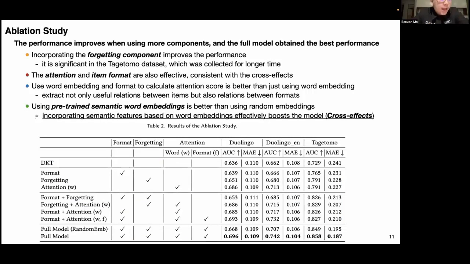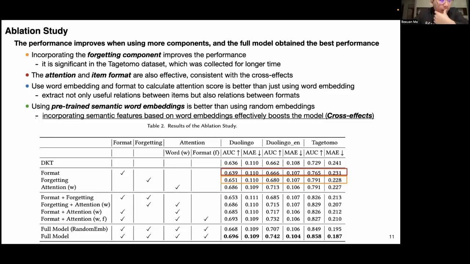To gain a deeper understanding of our model, we conducted some ablation experiments to observe how each part of our model affects performance. First, we observed that performance improves when using more components.